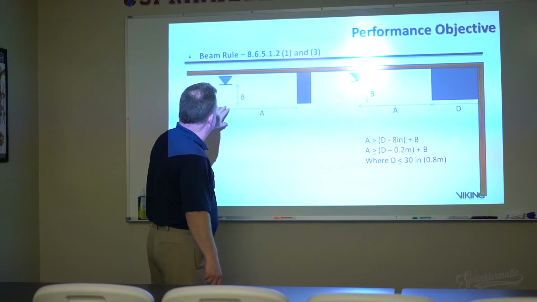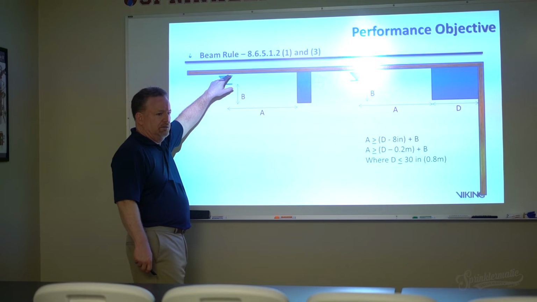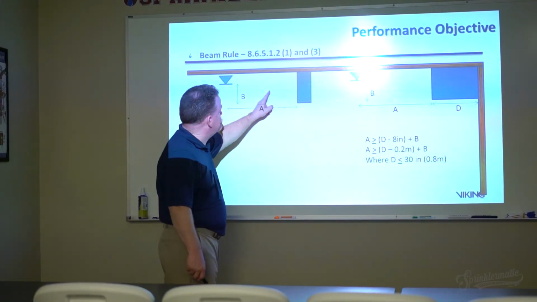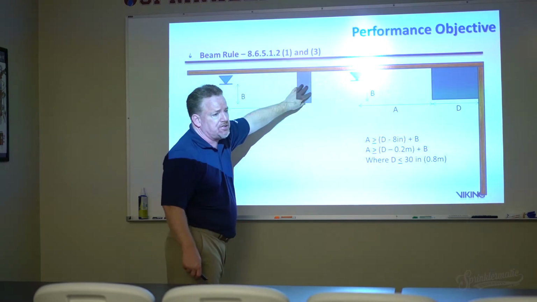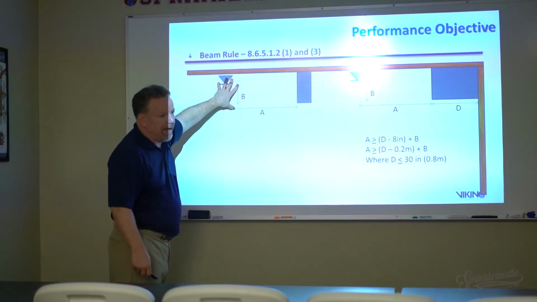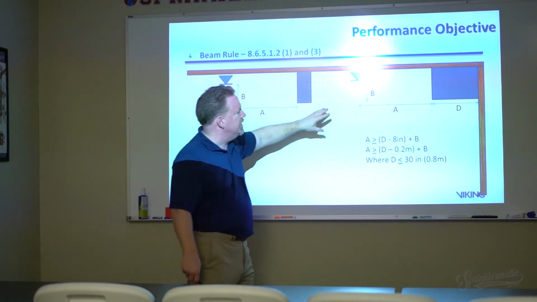So there's a table in 8.6.5.1.2 that says basically the distance A governs the distance B. What that is telling you is that whether the spray pattern is obstructed or not depends on that measurement, A or B. The same thing happens here.